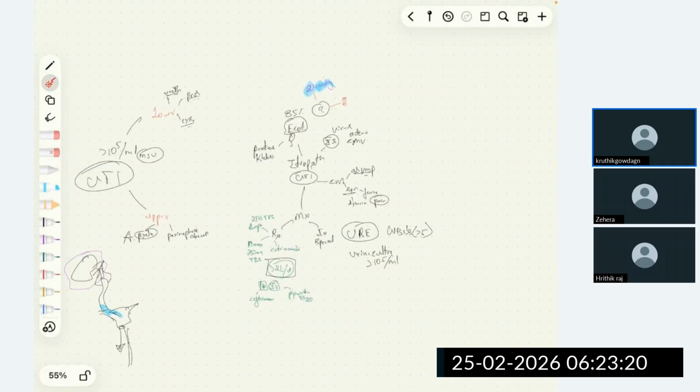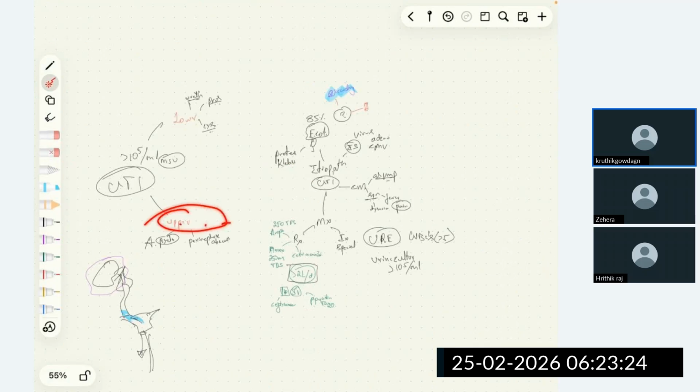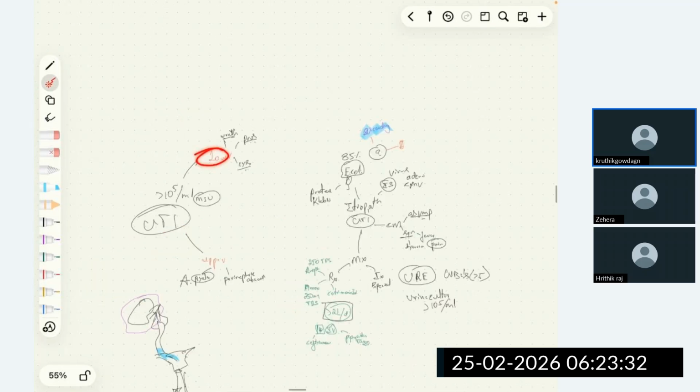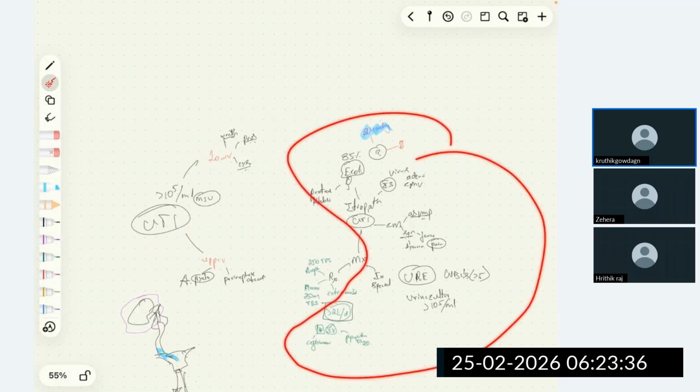This is about UTI. If the question comes on upper urinary tract infection, you can mention all about acute pyelonephritis and a few points about perinephric abscess. If lower urinary tract infection is the question, taking this as background, you can elaborate on cystitis, prostatitis, and urethritis.